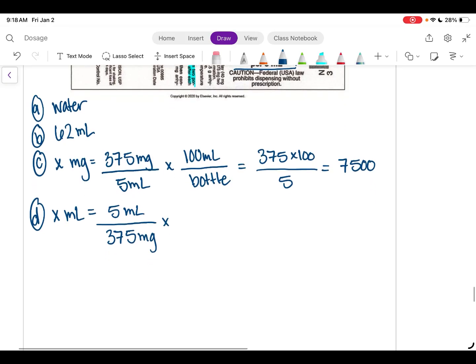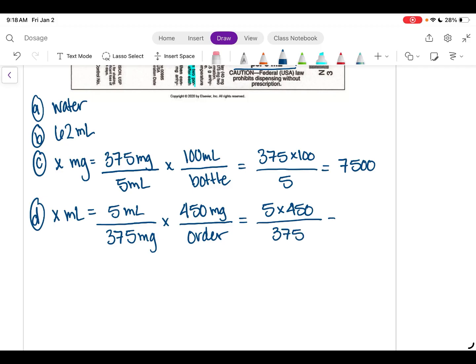So I'm going to use that. 6 milliliters per dose. Okay.